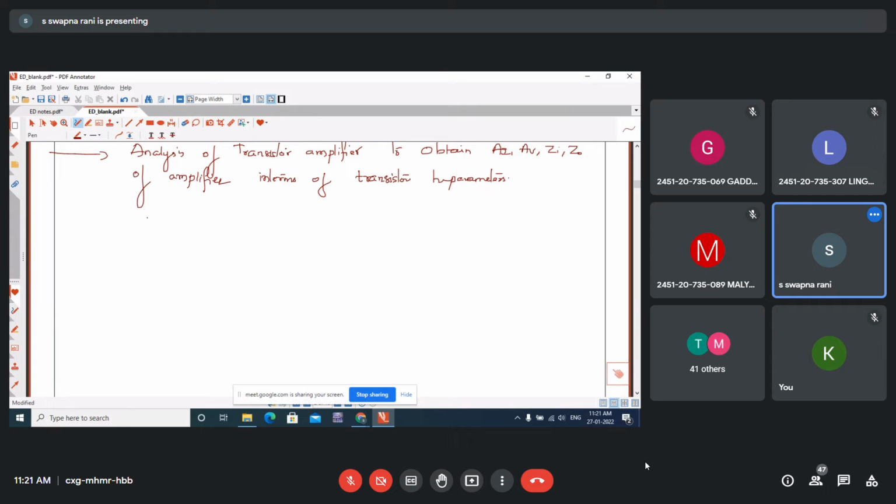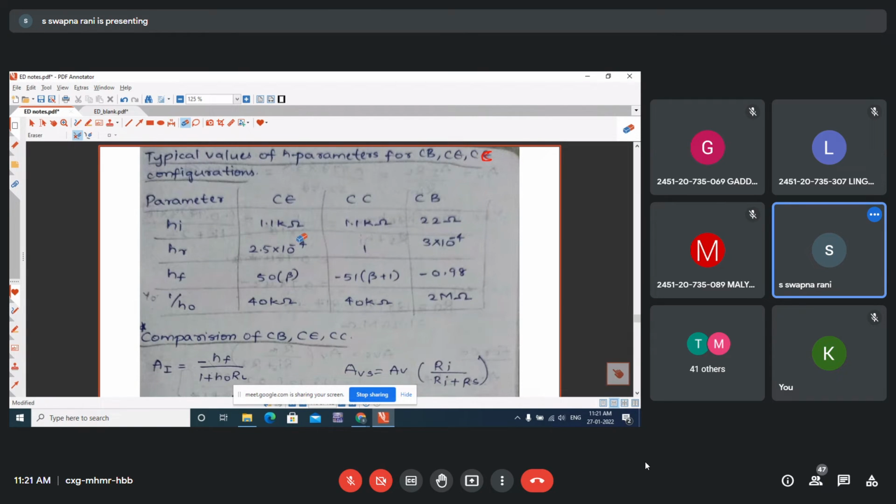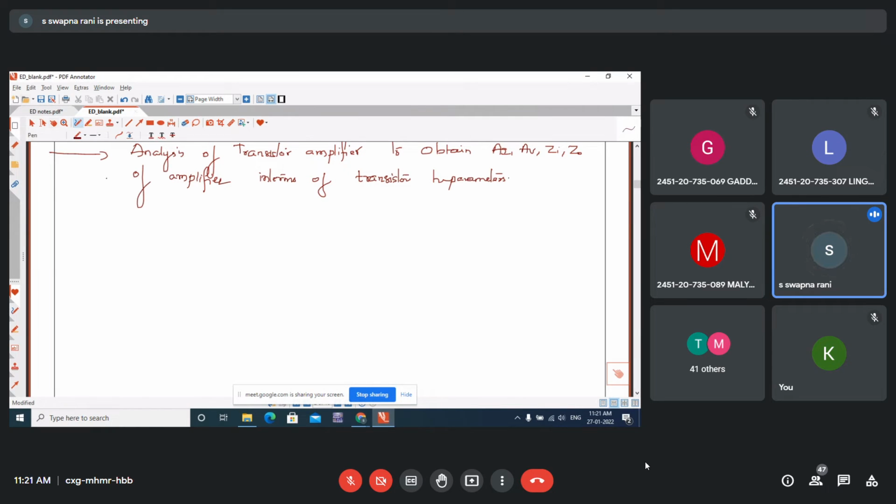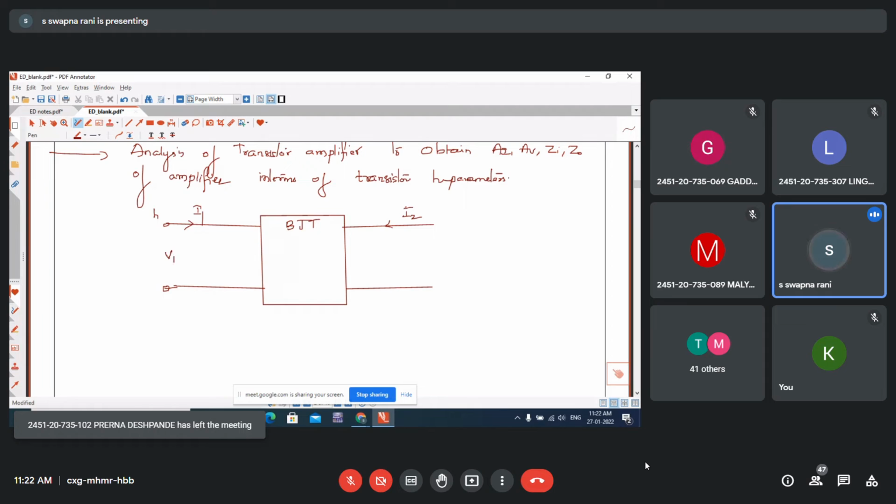Now make it clear, all of you please see, if this is a transistor, a BJT, with I1, I2, V1, V2.